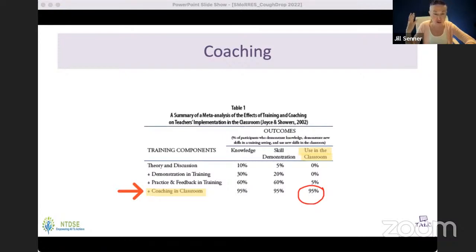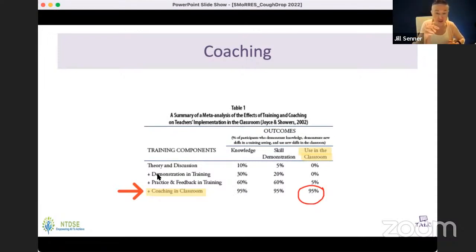So if we just start with theory and discussion, which is the very first piece on your upper left, Matt, if you could point that out for us. Theory and discussion, we see a 10% increase in staff knowledge. 5% generalizes to skill demonstration, but check that out. Use in the classroom: goose egg, 0.